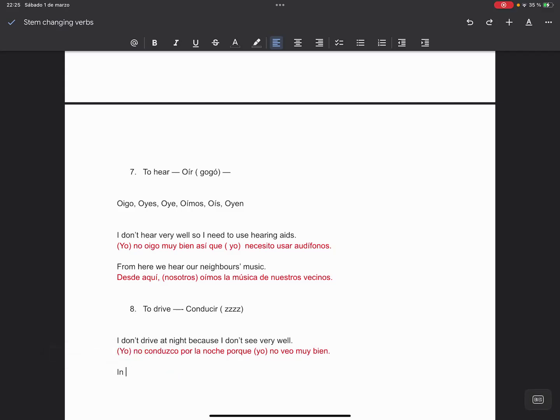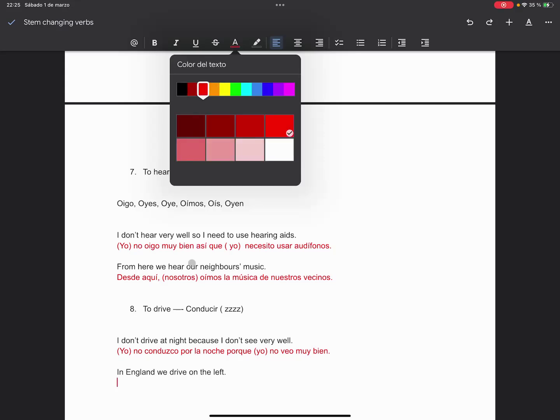More. In England, we drive on the left. For example, do you think the verb is going to be weird? Do you think it's going to change for a we? No, because it's a Z verb and only changes in the first person single, I, yo. So for this one, normal conjugation.